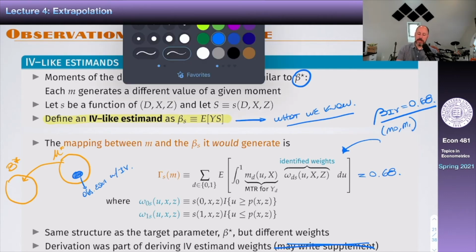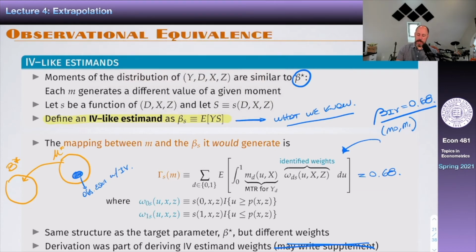So now what we have is that this maps into some set here. And this is just going to be values of our target parameter that are going to be consistent with our assumptions and consistent with what we know, which in this case is this IV-like estimate.